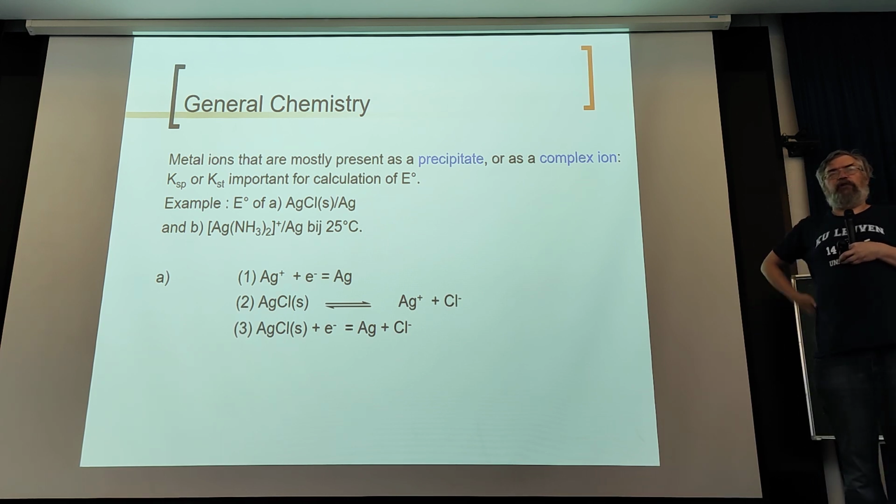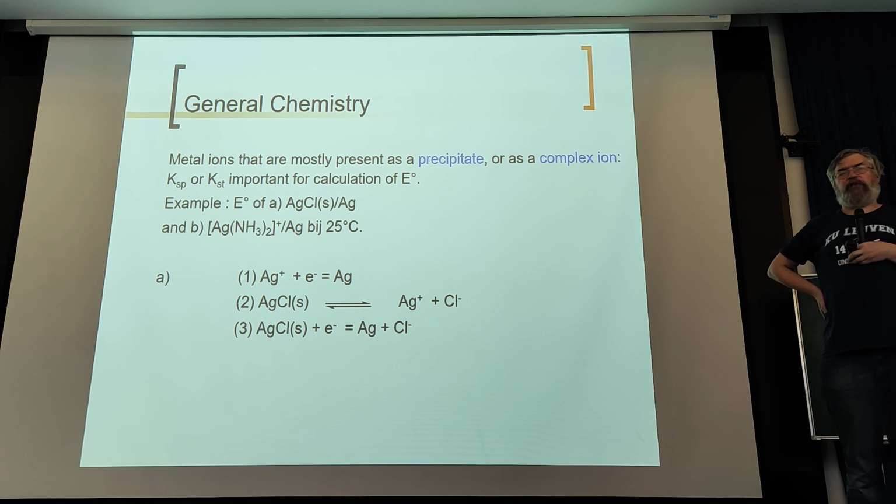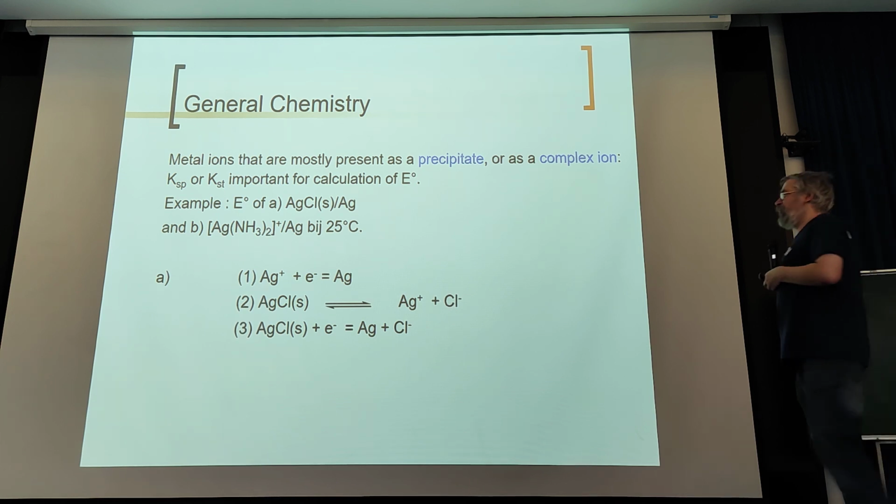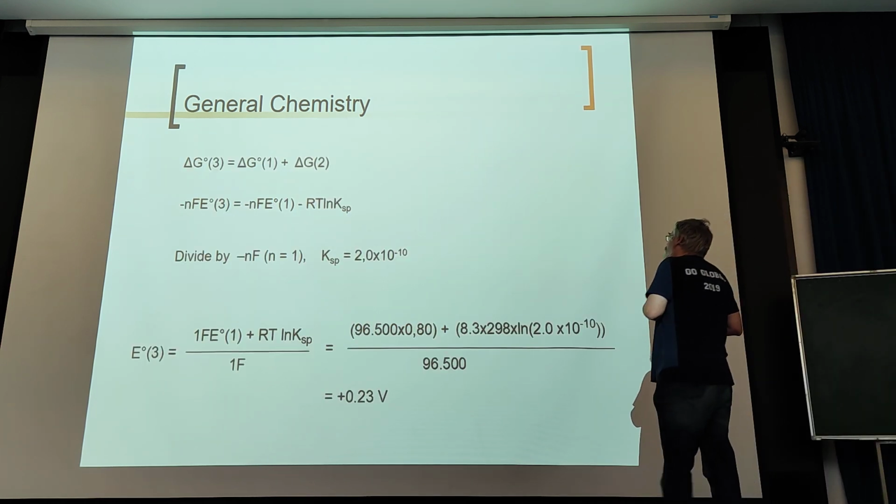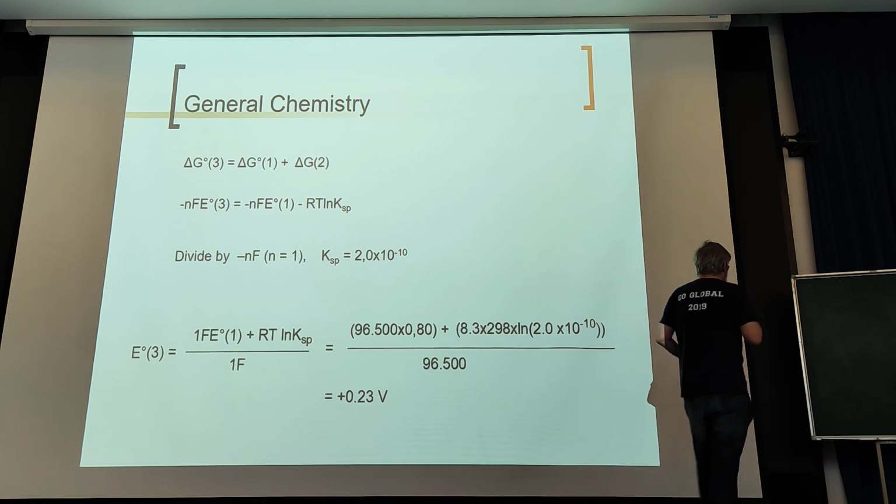So as before, we can do a free energy treatment, and that means free energy of reaction 1 and free energy of reaction 2 is the free energy of reaction 3. So it looks like that.